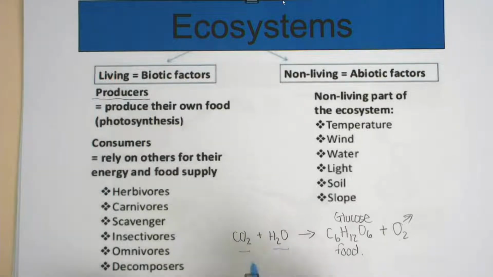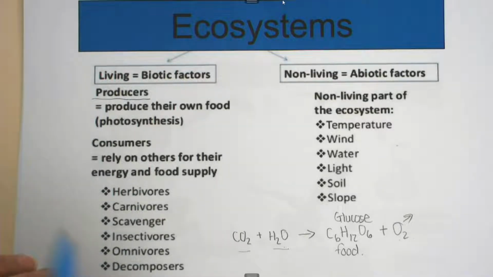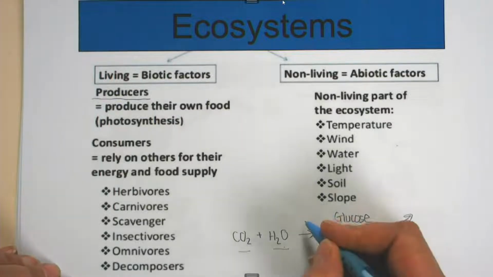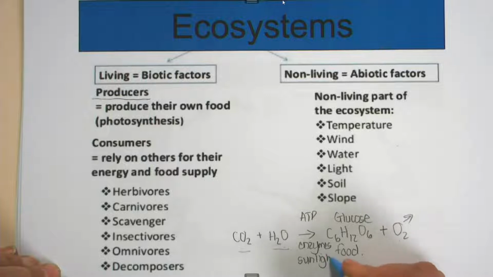Okay? But water and carbon dioxide will be part of the non-living factors. All right? But the producers make this in order for the plants to have food to grow, the plants to have CO2 to make it. Obviously there's energy involved, there's enzymes involved. We need sunlight. Without sunlight, this cannot happen.